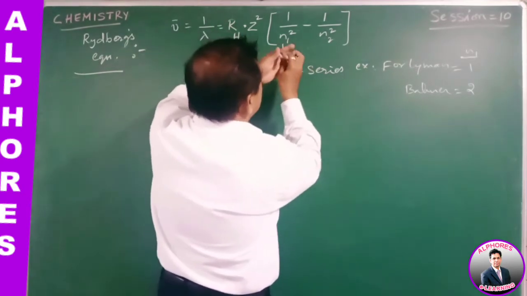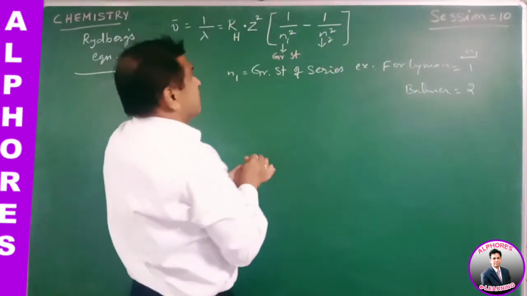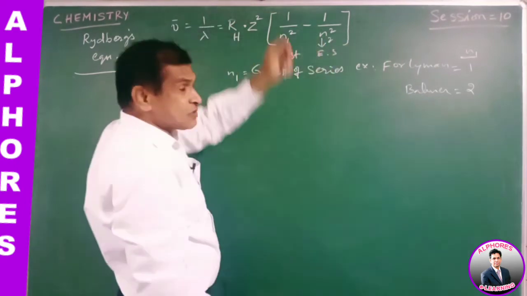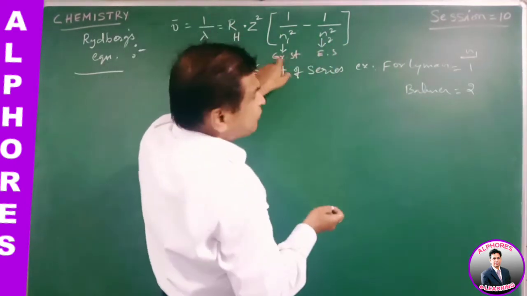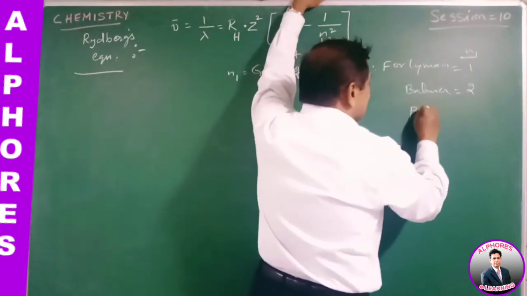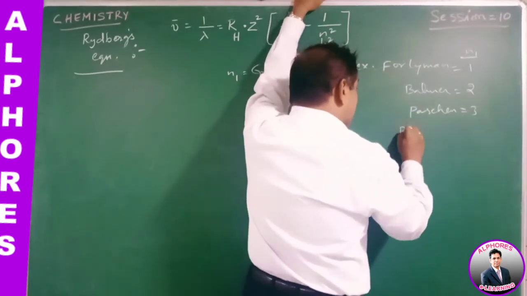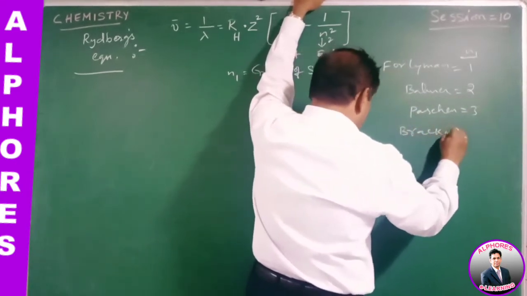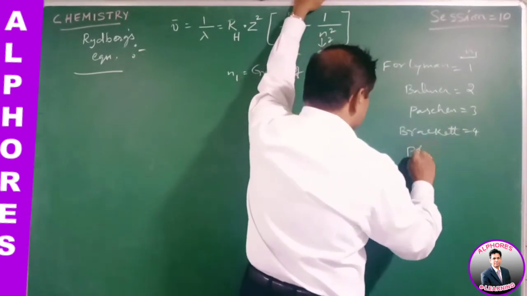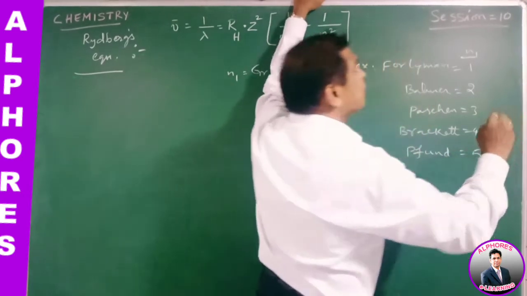And this indicates the excited state from where the electron comes. Okay, so ground state, if we are doing ground state only: Lyman series, Balmer series, Paschen series, that is 3, and Brackett series, for that it is 4, and Pfund series, the electron is coming to the 5th energy level.